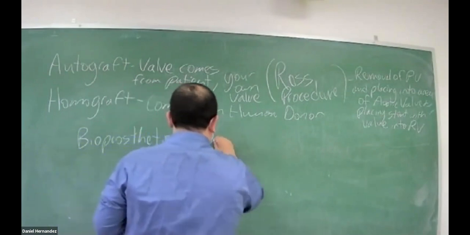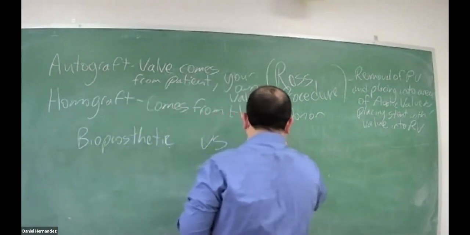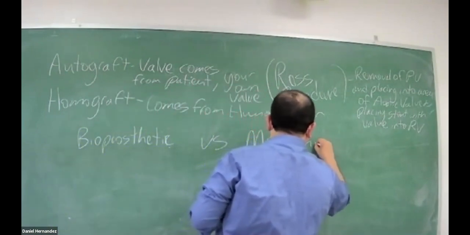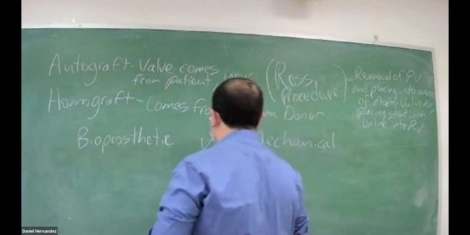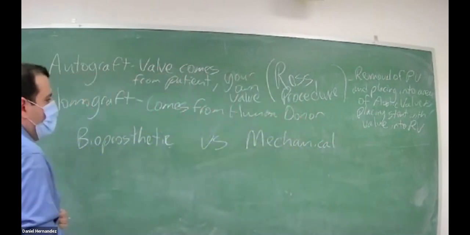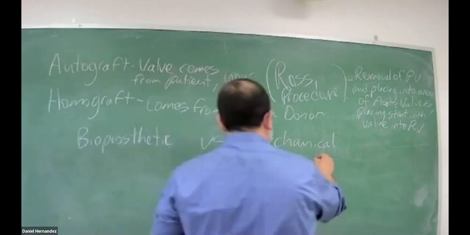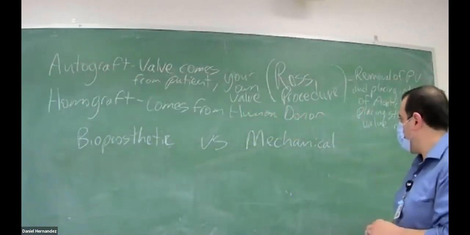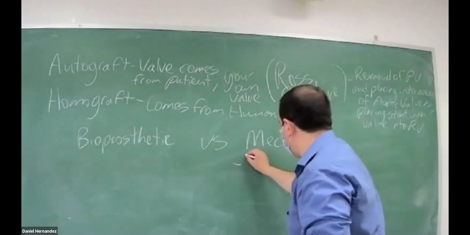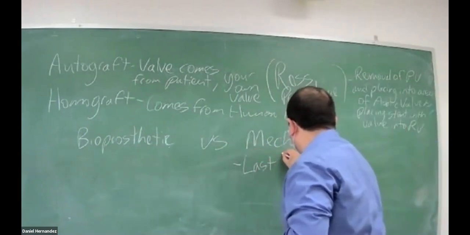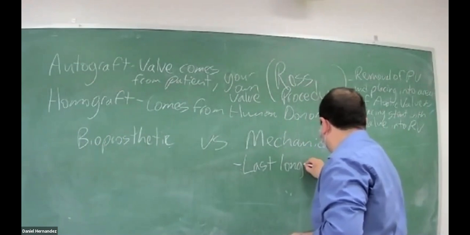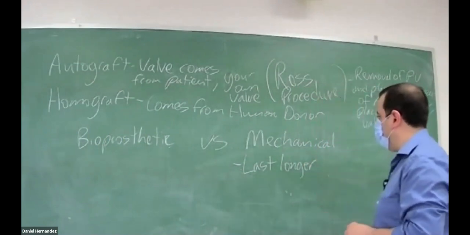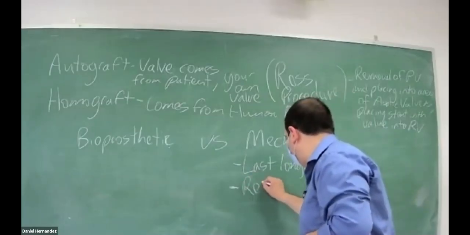So bioprosthetic versus mechanical. What do we know about the differences between the two? Mechanical valves last longer, but the patient needs to take blood thinners. Yep, they require anticoagulation.